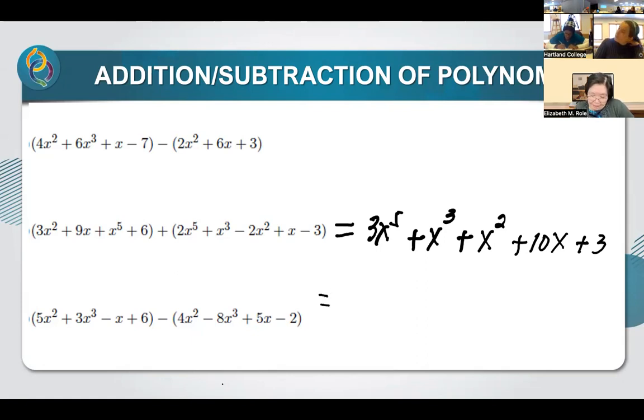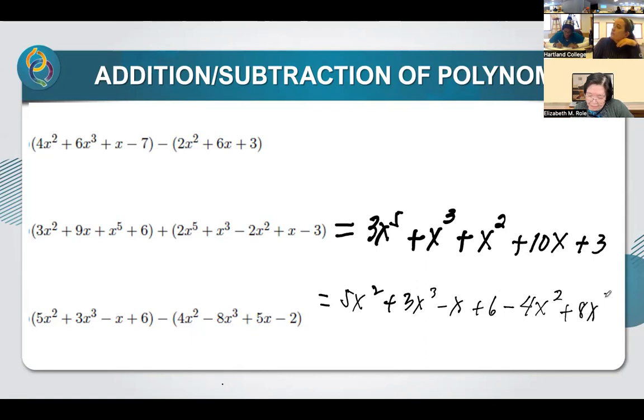Anyway, sometimes it's good to do this first before doing anything: plus 3x cubed minus x plus 6, and then remove that minus and change all the signs. You can do it otherwise, but sometimes you might forget. So sometimes it's easier to first put them in one line without those parentheses, especially when there's a minus, because you'll have to change the signs of the ones inside the parentheses.